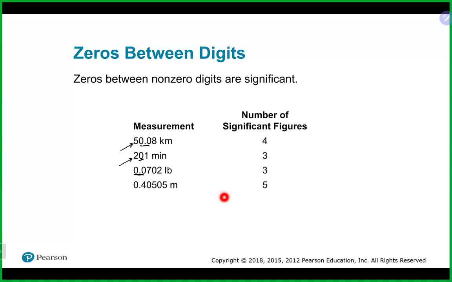Once again, we are not counting until we hit the 7 in this particular case. And now we have a trap 0, which is significant, and obviously the 2 at the end. Once again, we are not counting significant figures until we hit that first non-zero, which is the 4. And we got 2 trap zeros and 2 5s, and that gives us a total of 5 significant figures in this particular case. Any questions on those there?